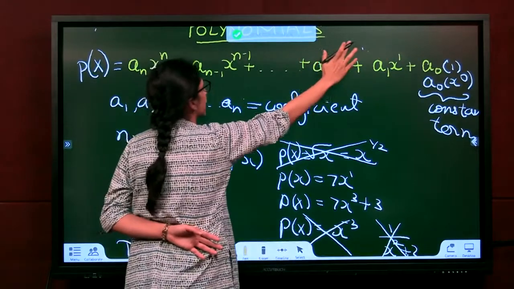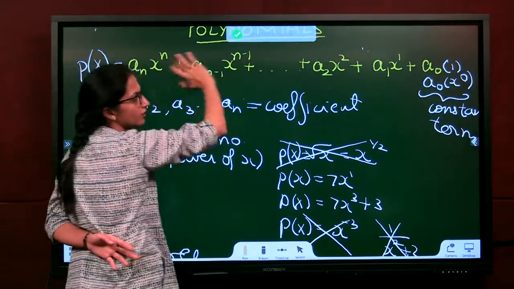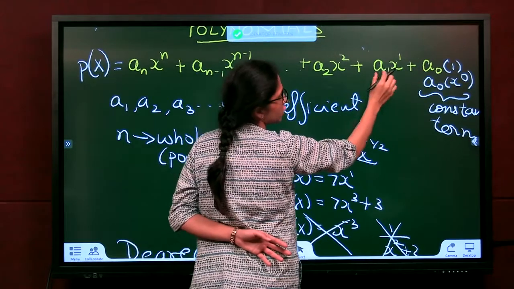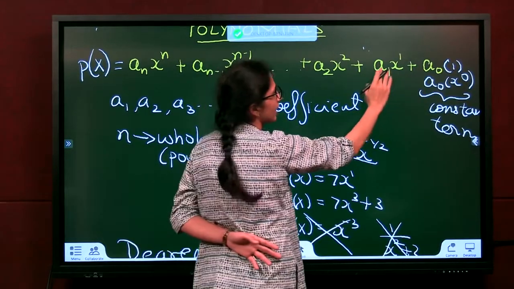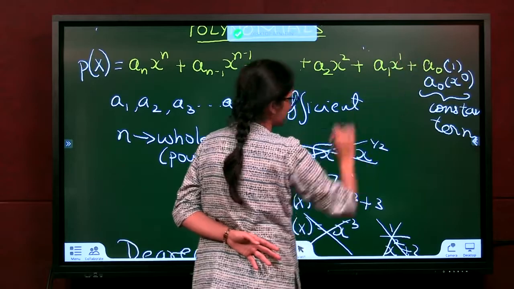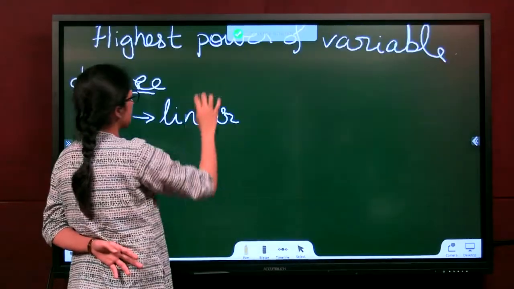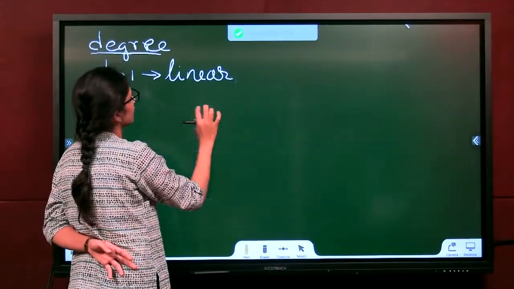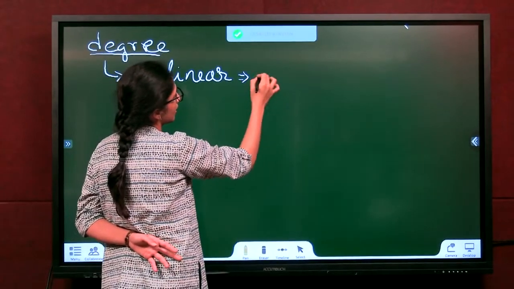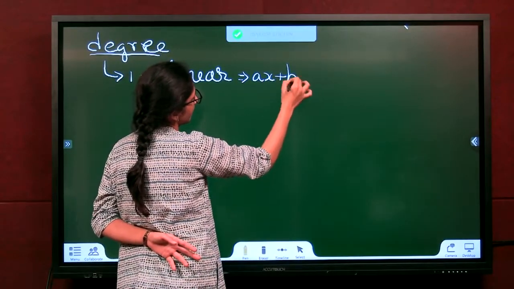That means x square and x cube and so on are not there. Only this is possible. So instead of saying a1 and a0, I'll use a and b. Ax plus b. So the general notation of a linear polynomial is ax plus b.